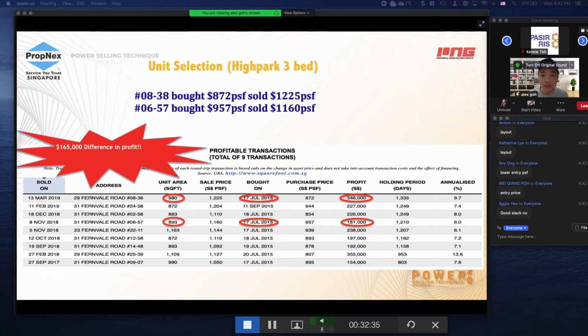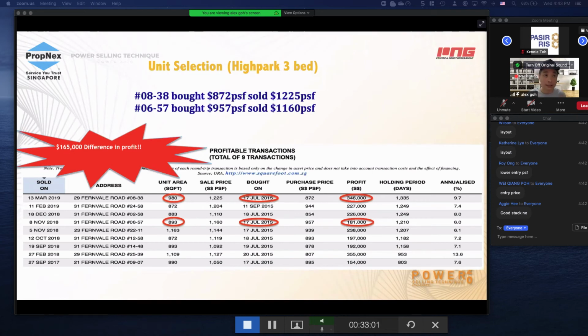The main thing I want to share with you is the layout. It seems like a very simple thing, but why is it the layout? Now I'm going to run through. So you see, 0838 is 980 square feet. 0657 is 893. 0657 is a 3-bed compact. 0838 is a 3-bed premium.